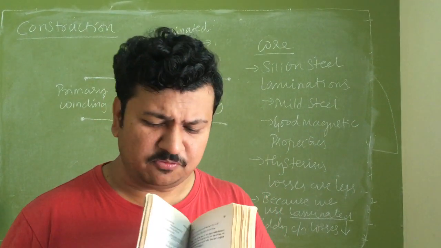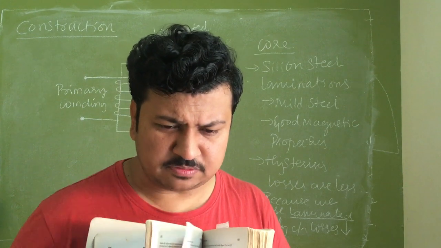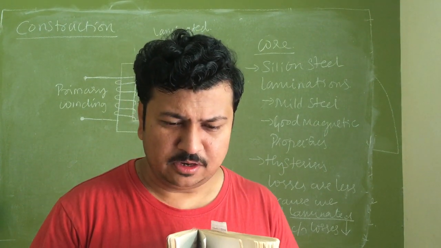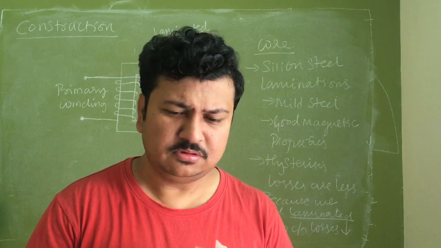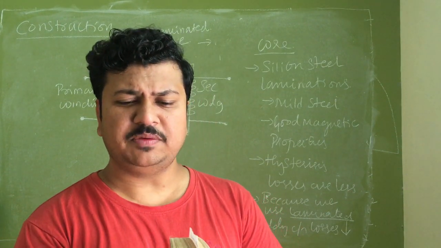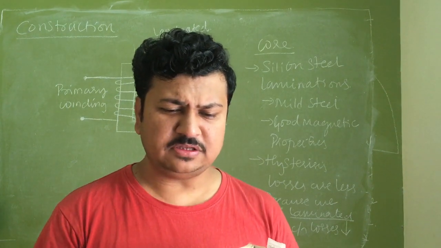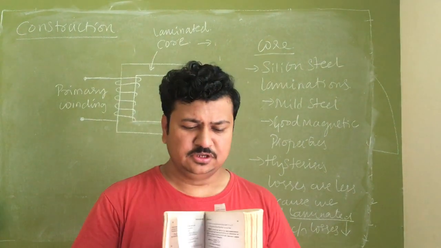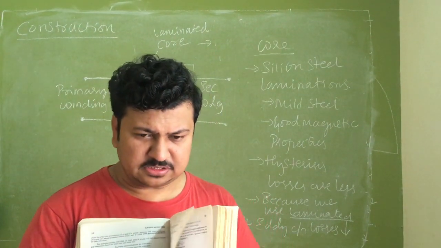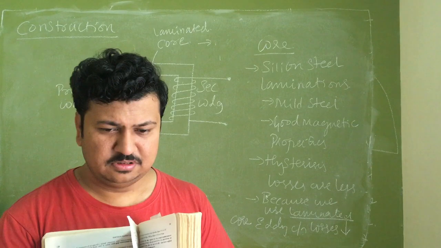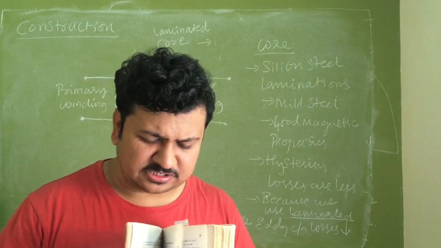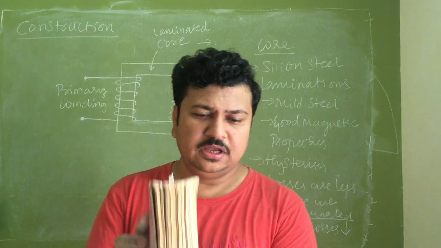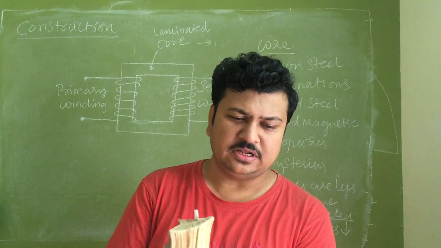Now if I take out each page from this book, do I get any thickness? No, I don't get this much thickness of the book. If I take out each and every page, this book itself will not remain as a book. So this one page is nothing but one lamination. And when I stack and press all the laminations, it will form a solid thickness.